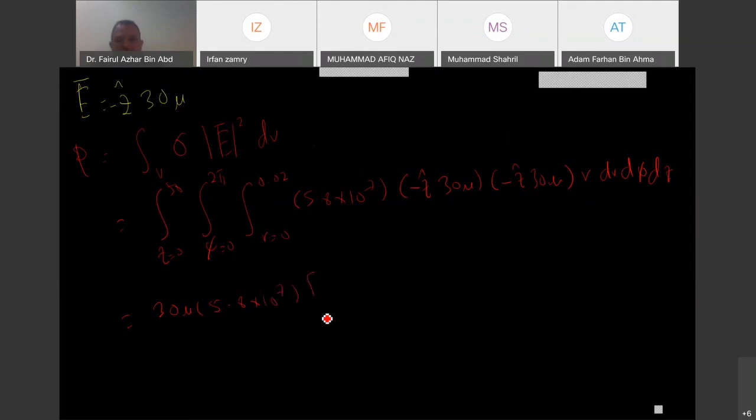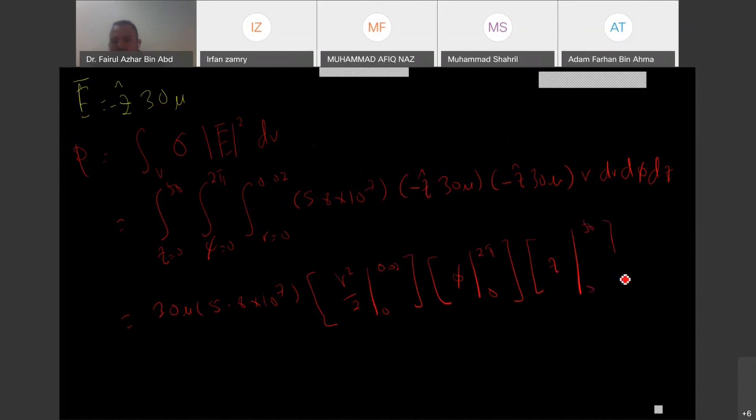By solving all this, R becomes R squared divided by 2 from 0 until 0.02, phi from 0 until 2 pi, and Z from 0 until 50.